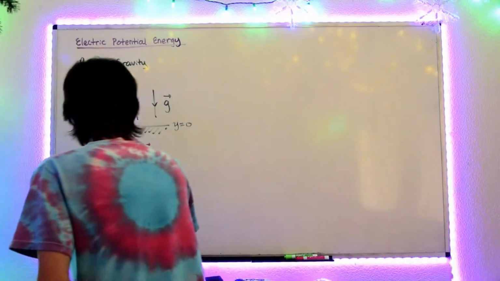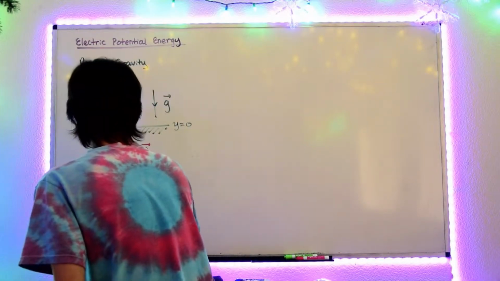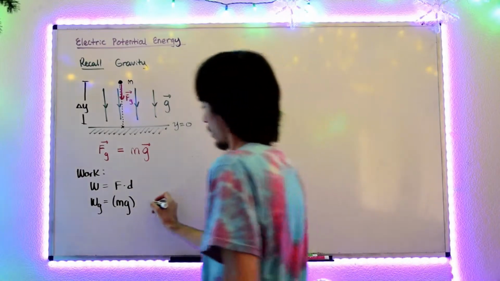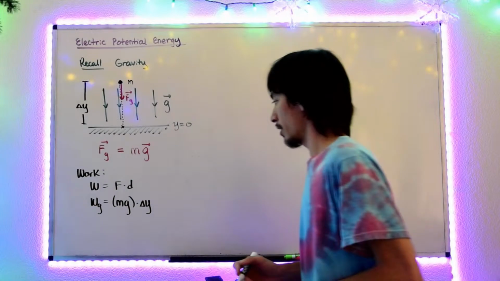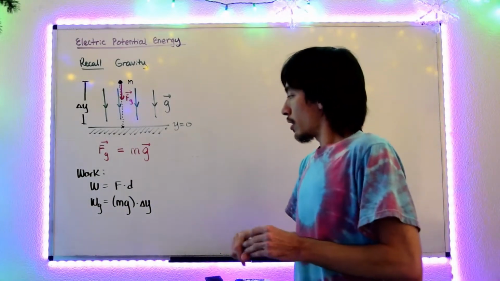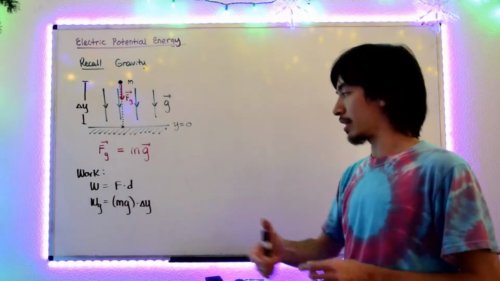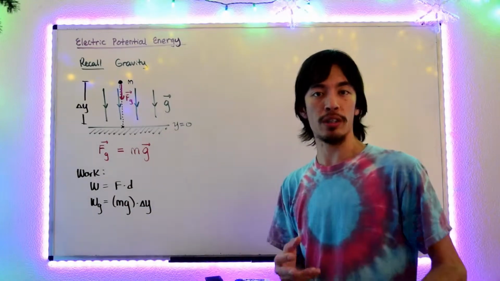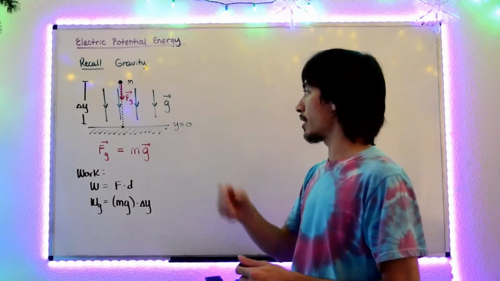So the work done by gravity would be the force, which is m times g, times the distance moved, which we called delta y. Okay. So this ultimately is just potential energy, because potential energy is just the ability for work to be done on an object by a conservative force such as gravity.